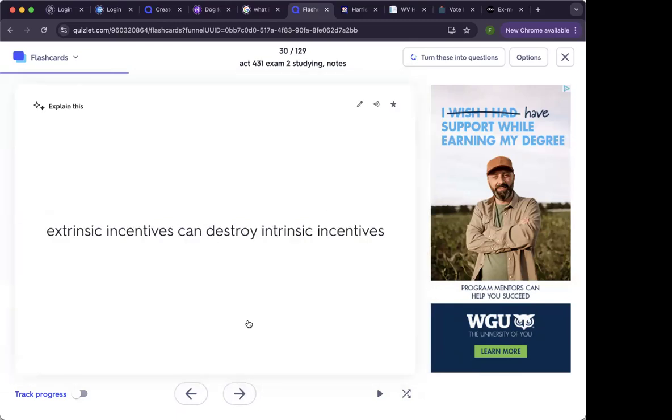The crowding out effect, extrinsic incentives can destroy intrinsic incentives. Good example of this is Pizza Hut doing a program, I think it was called Book It, where if you read a certain amount of books, you got free pizza. This led to, quote unquote, fat kids who hate reading, end quote.